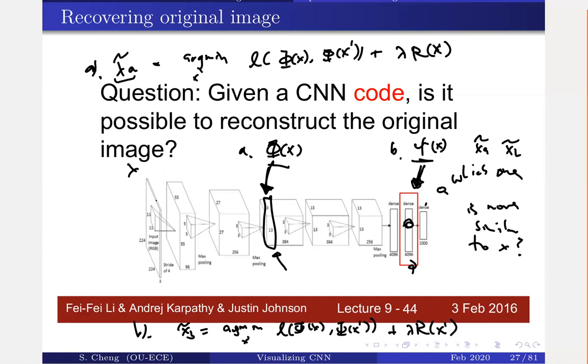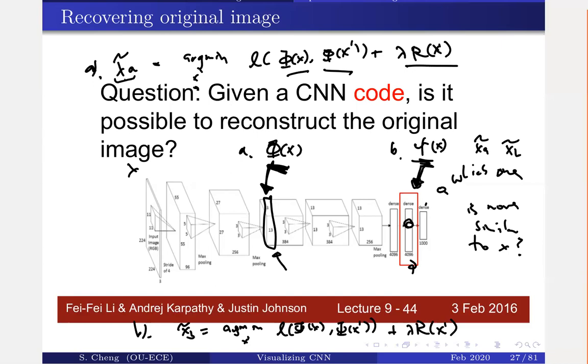So I can reconstruct the image using a constraint to match at this layer, or match at this layer. More precisely, if I want to match the coefficient at this layer, I try to find the x prime such that phi x prime is closest to phi x, with as small a loss as possible, added with some regularization.